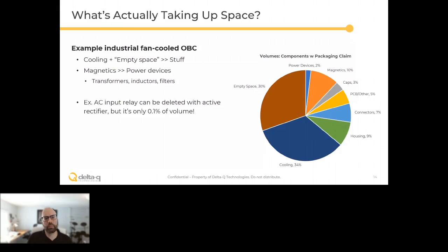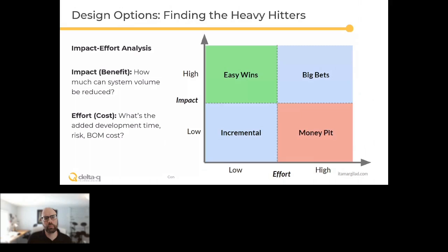So thinking more about that big picture, in some industries, particularly software, when brainstorming or trying to prioritize new features, they're often looked at in terms of impact versus effort, which you can also think of as cost versus benefit. So on that impact, benefit vertical axis, how much can the system volume be reduced?